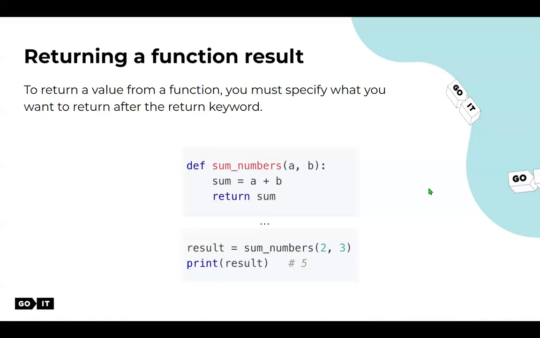Now, returning a function result. Like what it says here, you must specify what you want to return after the return keyword. The first screenshot defines your function, or rather, it's all about the definition of your values.